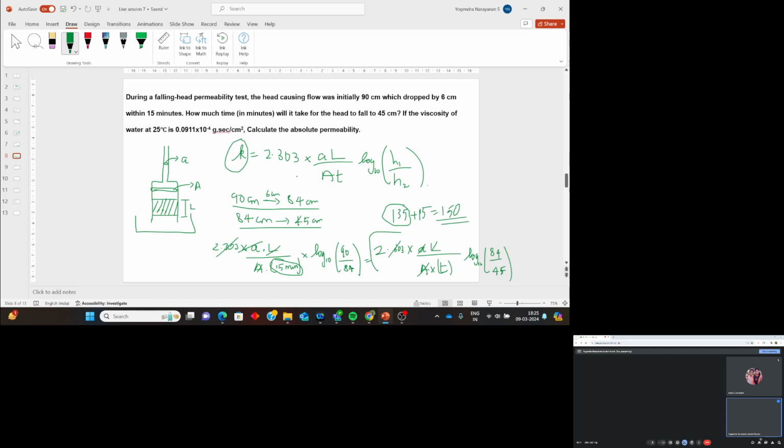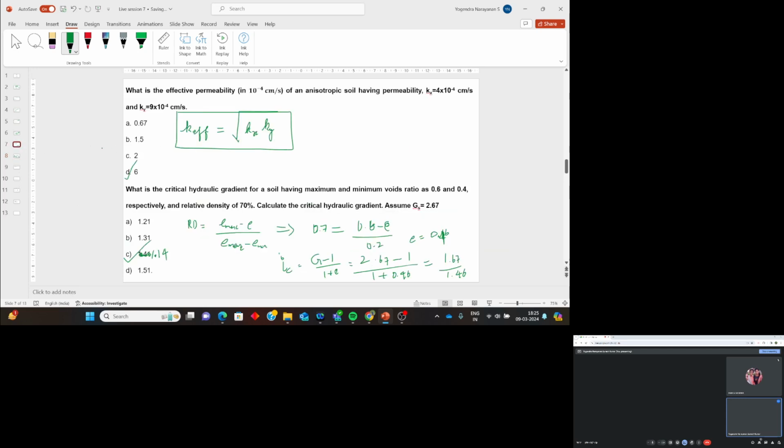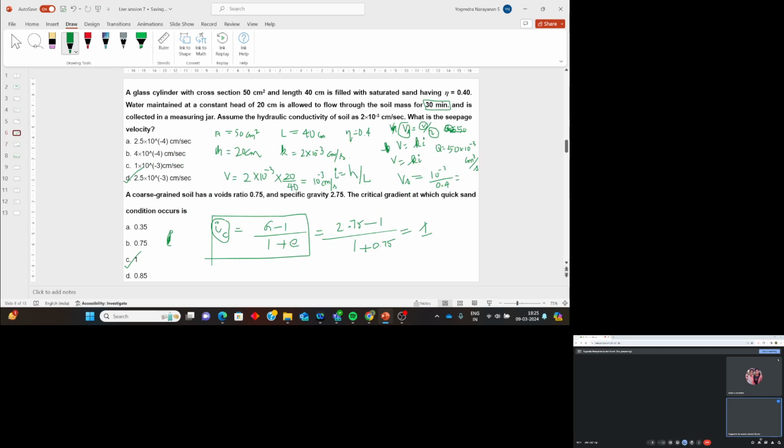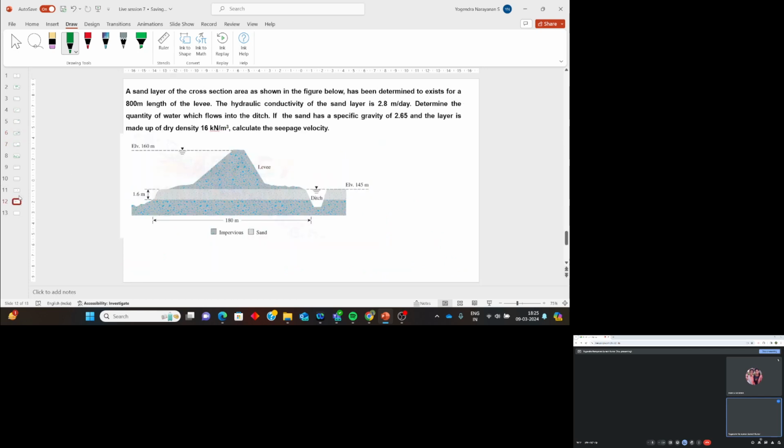Okay, sir. Now you consider this capital A as 100 centimeter square and thickness of the sample same as earlier question, which we considered, right? 40 centimeters.